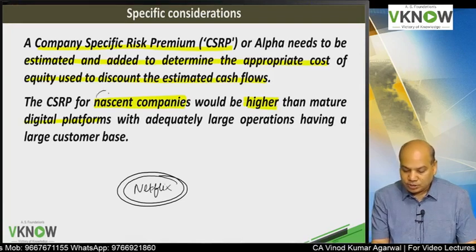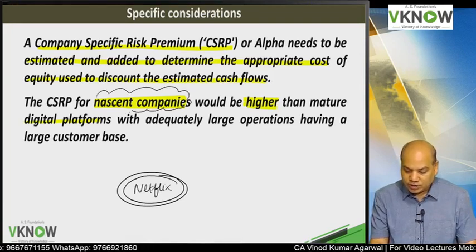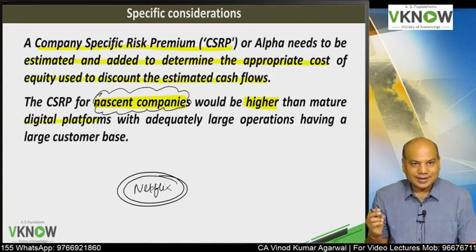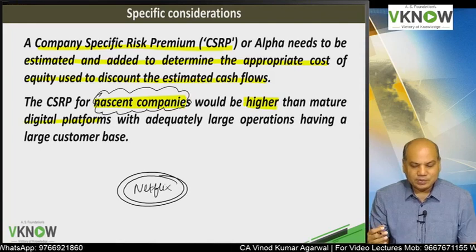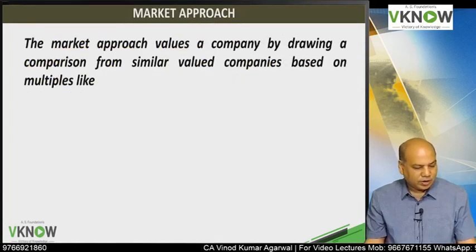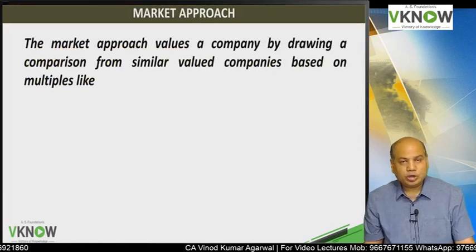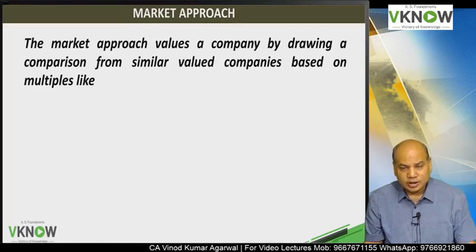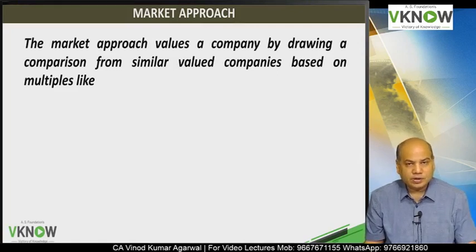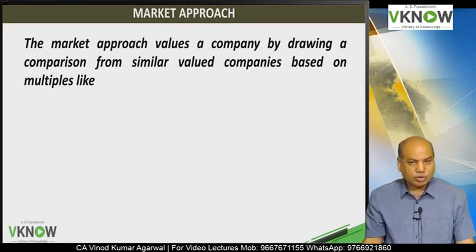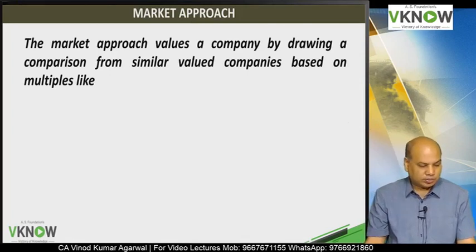But if a new company comes tomorrow and starts providing a similar service, we don't know whether the market will accept it or not, and the discount rate to be used is very high. So that was about top down and bottom up approach. Care to be taken: discount rate is very high, probability of survival you have to see, company specific risk premium has to be taken into account, which can vary from company to company.